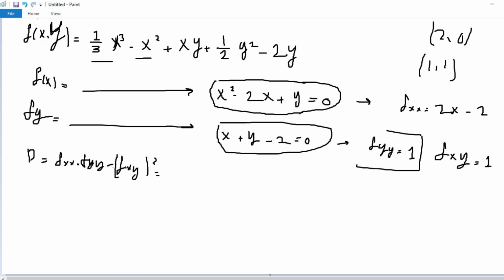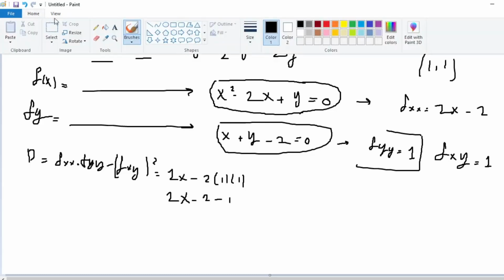So it's going to be equal to (2x minus 2) times 1, minus 1 squared.